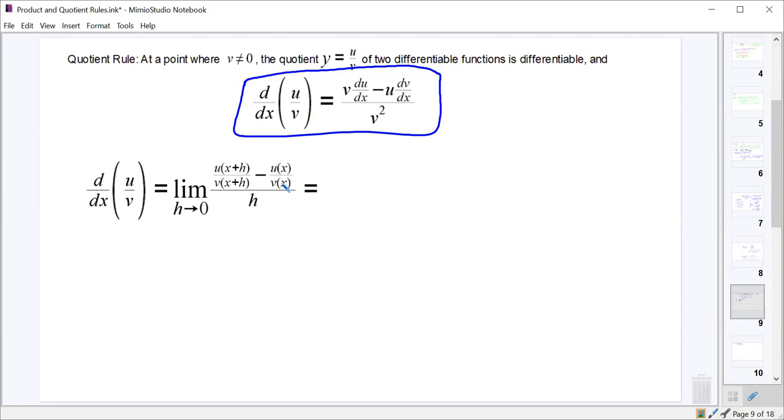Hopefully so. So the first step is we're going to get a common denominator and simplify this complex fraction down. So the common denominator should be v of x times v of x plus h in the numerator. Would you guys agree with that?